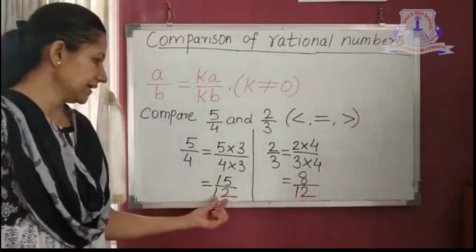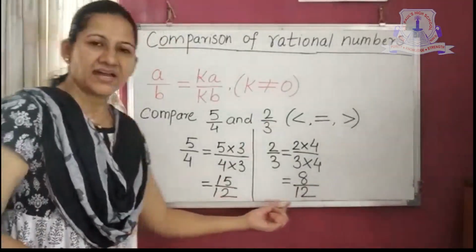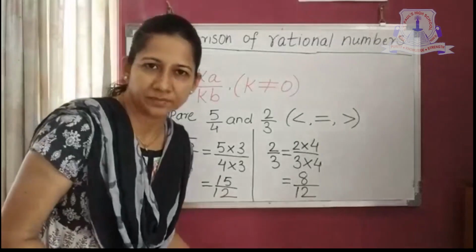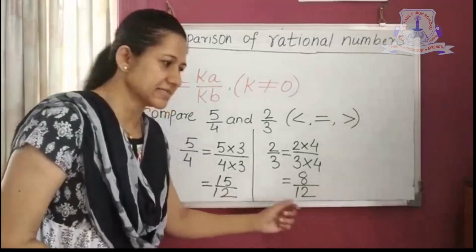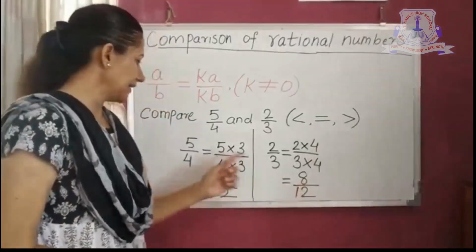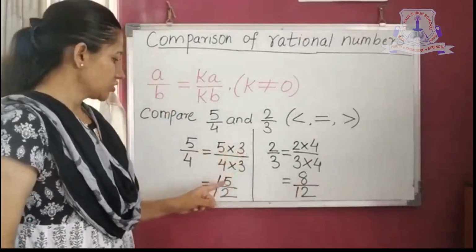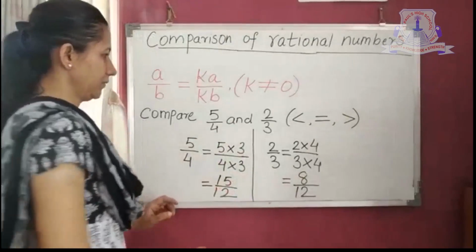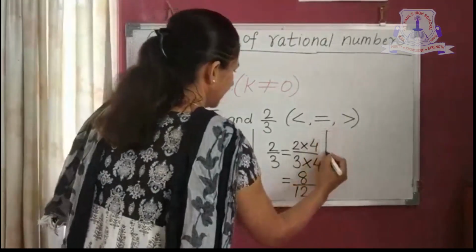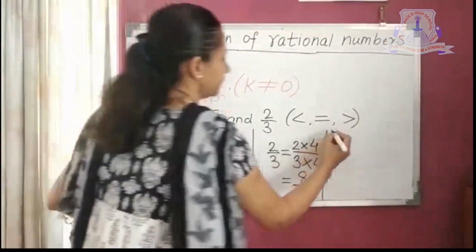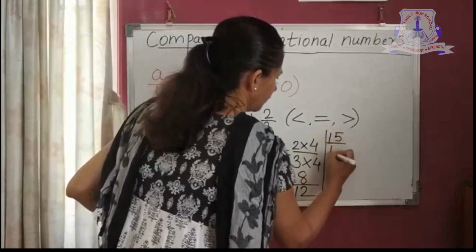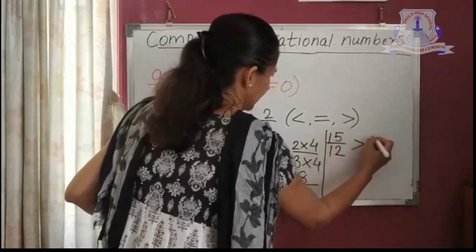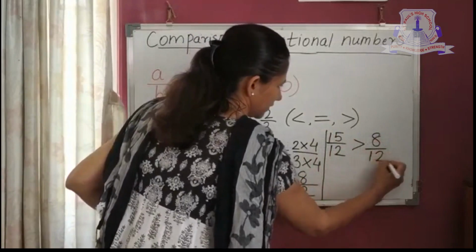If you see, the denominators are equal now, which was our main purpose. We have already equalized the denominators. Now on the basis of the numerators, we can compare these fractions. So 15 is greater than 8. Therefore, 15 upon 12 is greater than 8 upon 12.